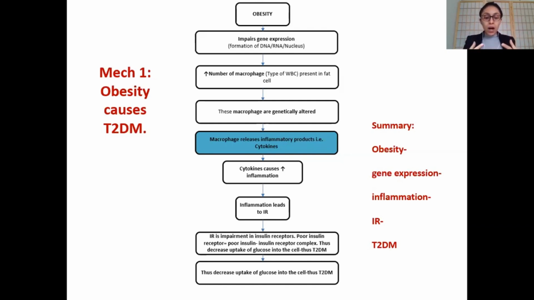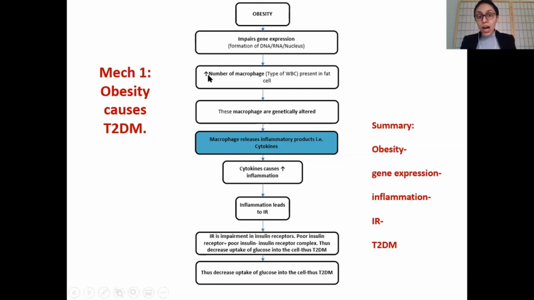Okay, your main genetic bodies. So you have impaired gene expression. All right. Now, when you have impaired gene expression, the macrophages which are produced by an obese individual in comparison to an individual of healthy weight, all right, those macrophages are also impaired.